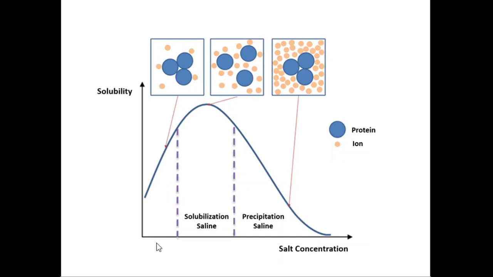As the salt concentration increases, naturally the solubility keeps decreasing. That means you see the protein coming out of the solution. This is referred to as the precipitation area, and this is referred to as the solubilization area.